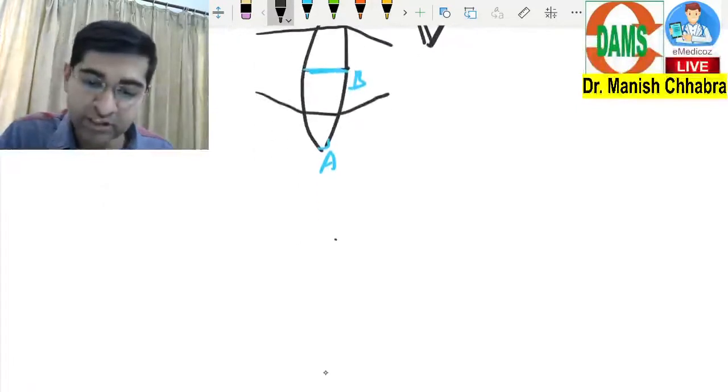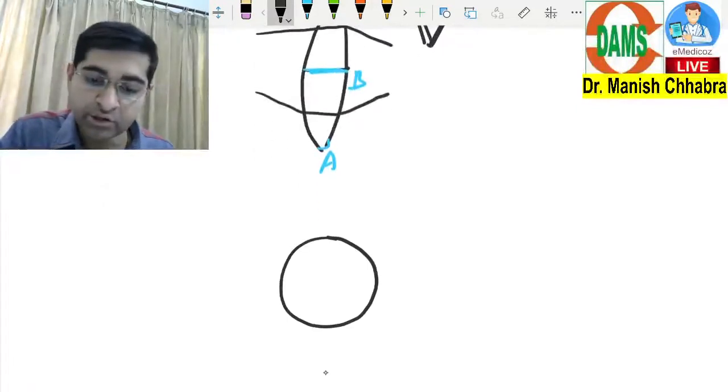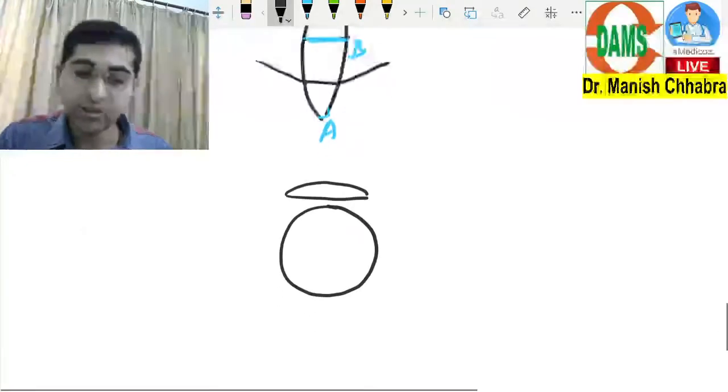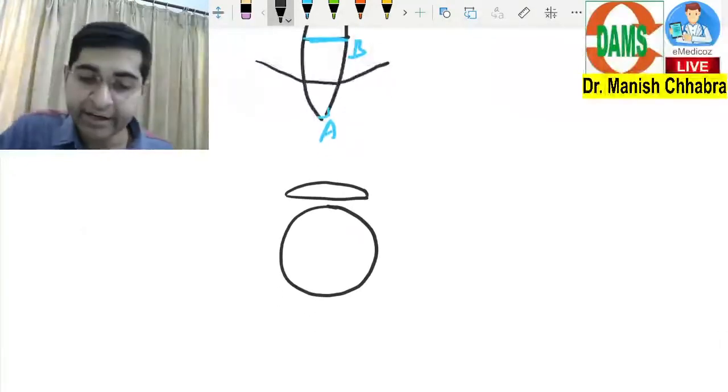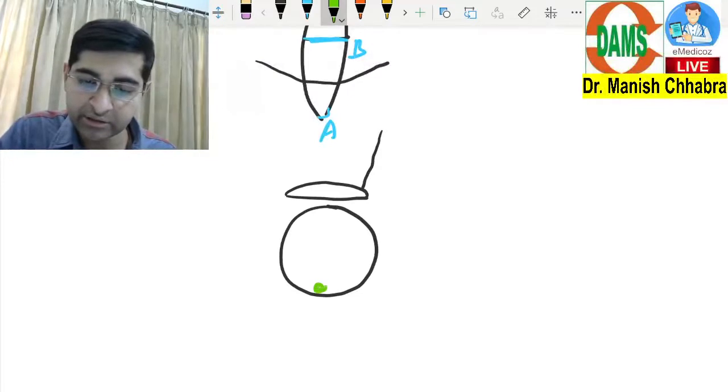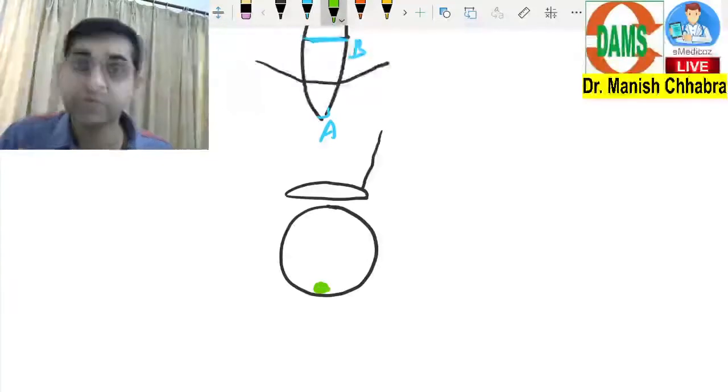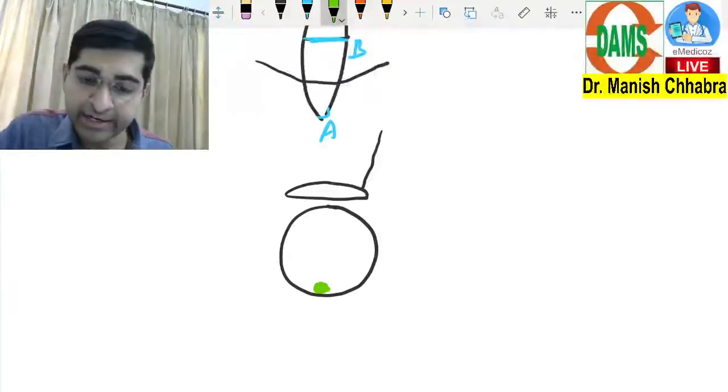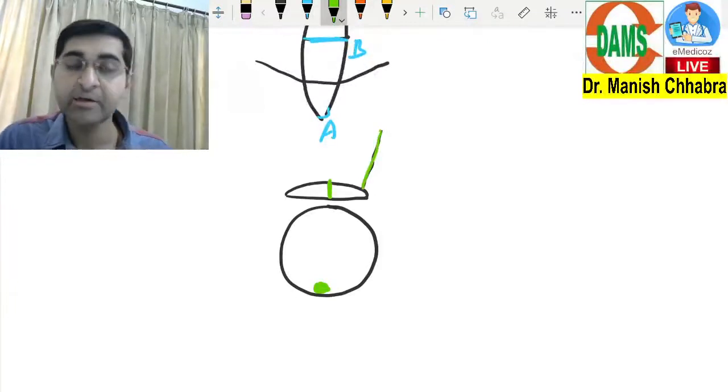So if this is the eye, and you have placed glasses like this, what is going to happen? Let's say here is the fovea. The light ray which is going to strike here will act as a prism.